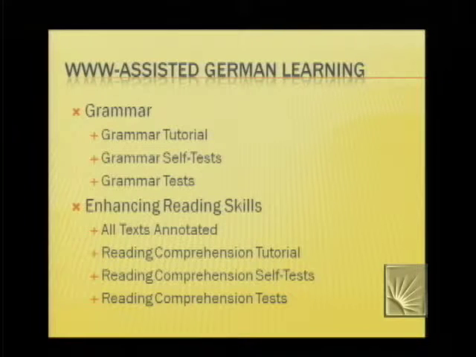As I explained at the beginning, there are two components. The grammar part has a tutorial, self-tests, and grammar tests. Similarly, the enhanced reading skill component has all texts annotated.